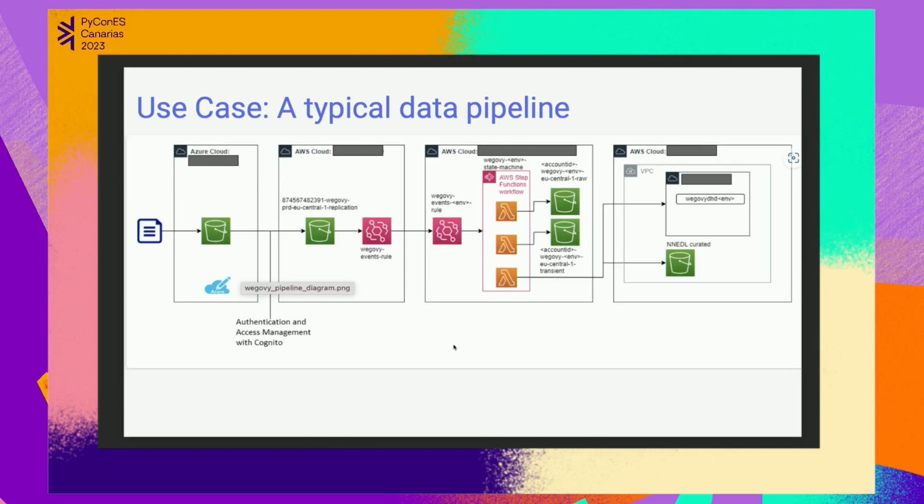So these are also what we test for. The 3 Lambda functions that you see are the source Lambda, the raw Lambda, and the transient Lambda. They are responsible for copying the data, processing it, and finally putting it into our bucket where we want the data to be.